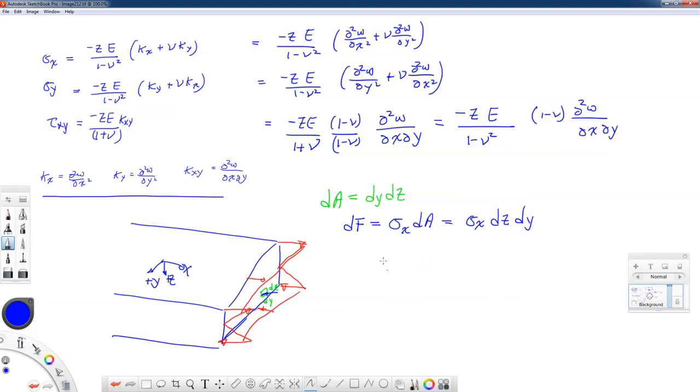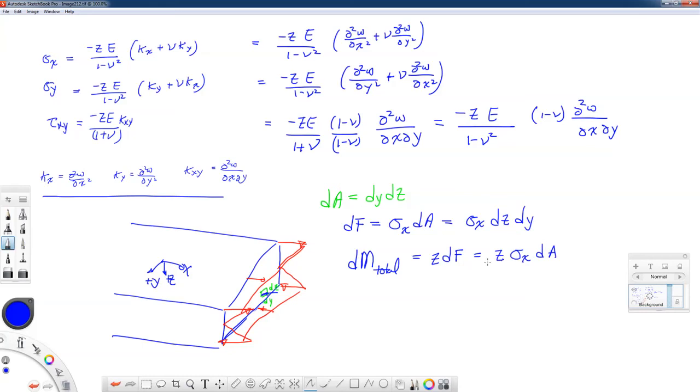So what I mean by that is if I want that moment, I want to try to avoid some confusion. A total moment would be an integral over the entire area, so that would be an integral of a moment arm distance of z times the dF. It would be the z times sigma x dA.